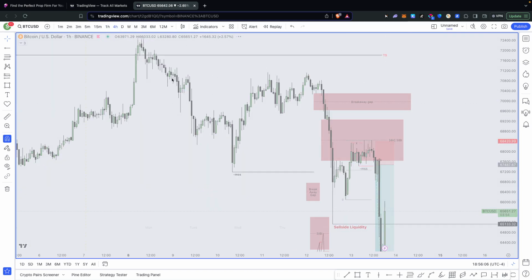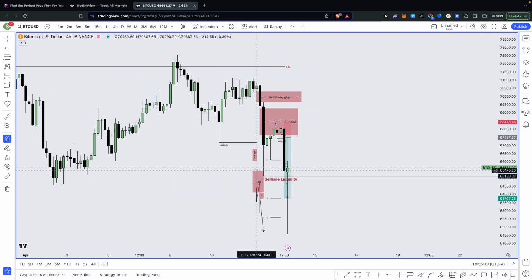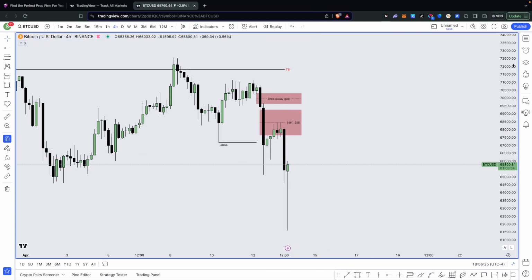Let me go back to 4 hour, where you can see clearly the breakaway gaps. Okay, so this is the hack that I use, guys.